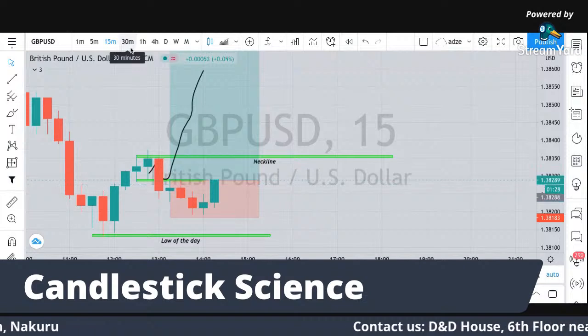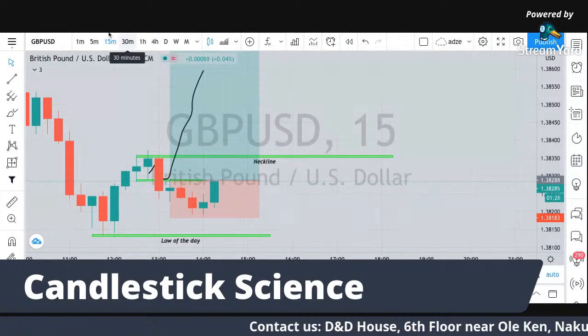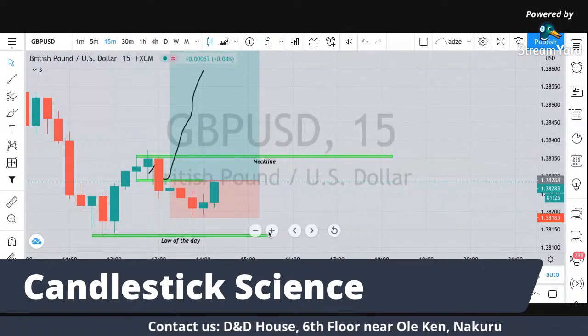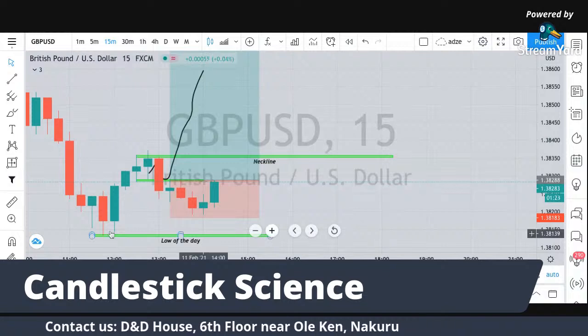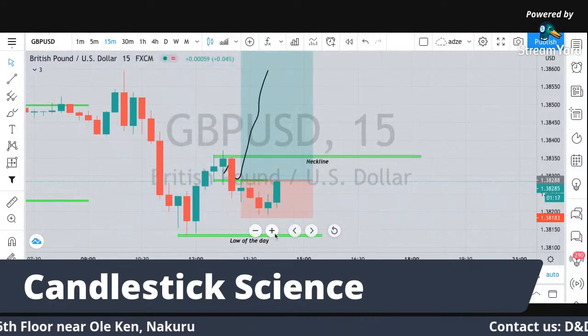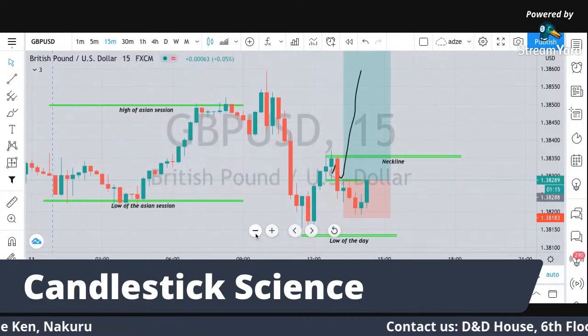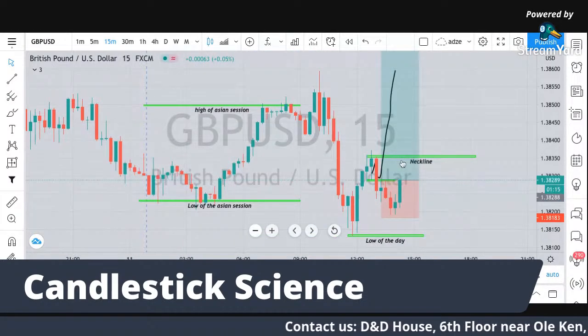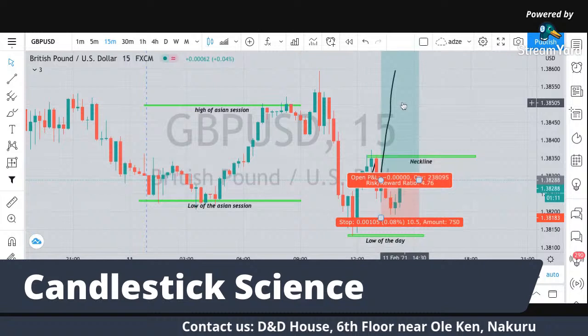That's the same way we survived Corona. It's the same way we have survived that trade. So this is the first leg, this is the second leg. Currently price is pushing. If it breaks this neckline, our next target is 1.385.